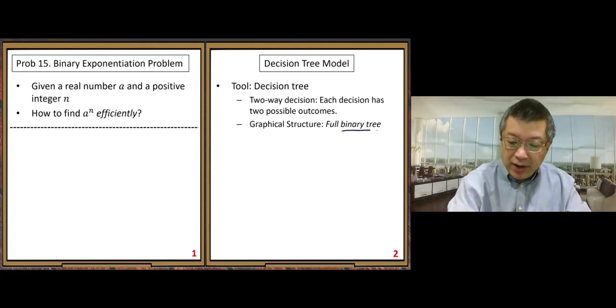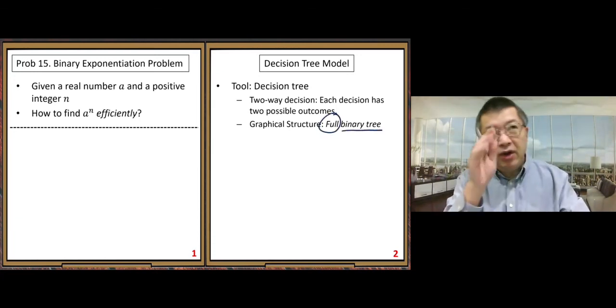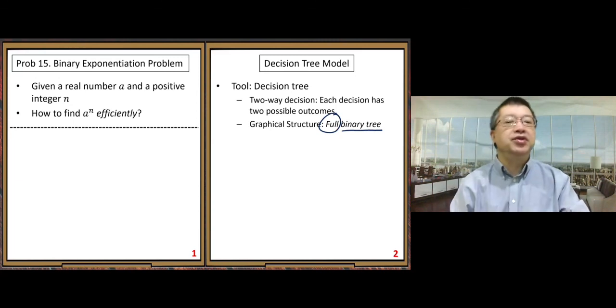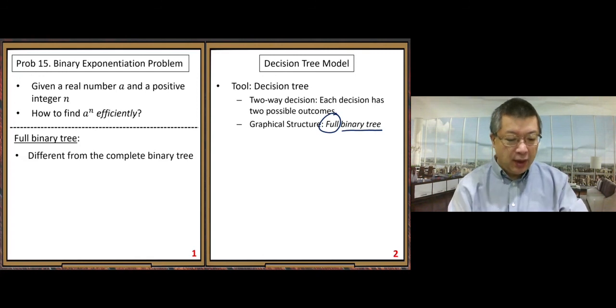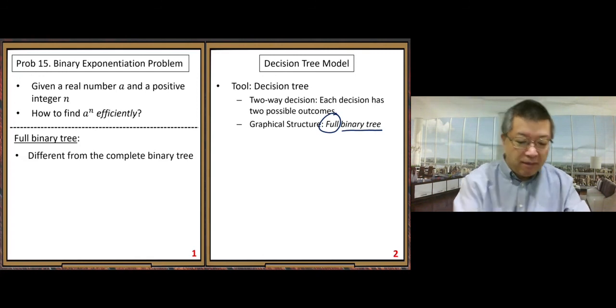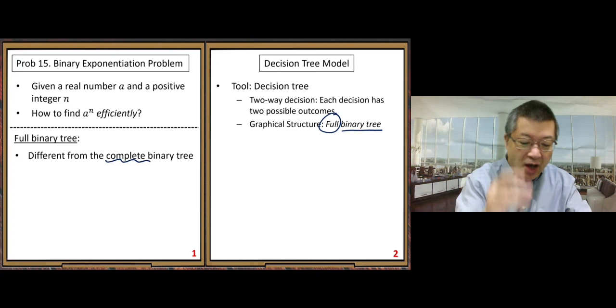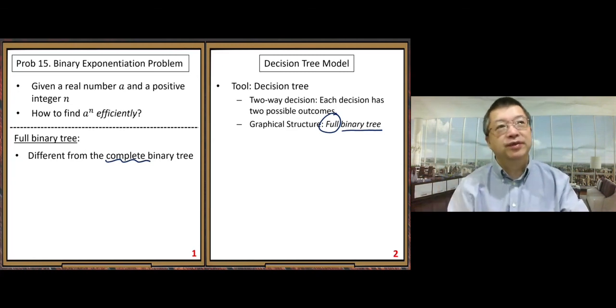We know binary tree, but here we call it full binary tree. So what is a full binary tree? Let me explain this special binary tree a little bit, the key property. First, it's different from a complete binary tree, which we learned before.